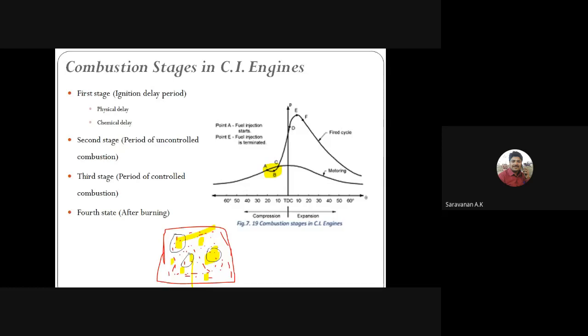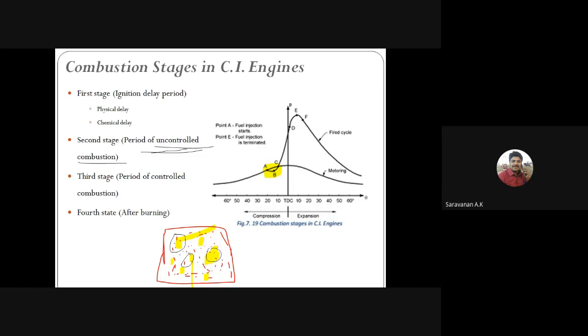We have plenty of flame propagation. So the combustion will be abnormal, uncontrolled. This time period is called the uncontrolled combustion.